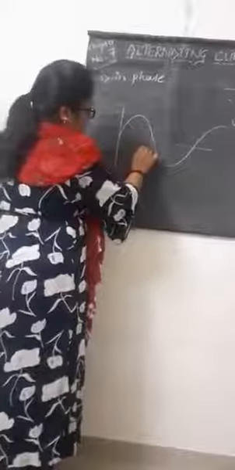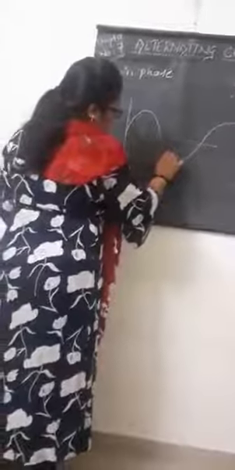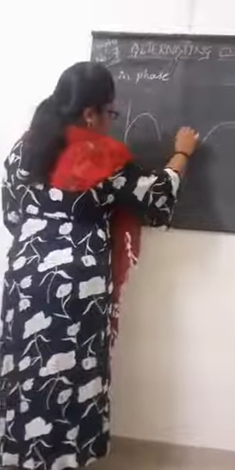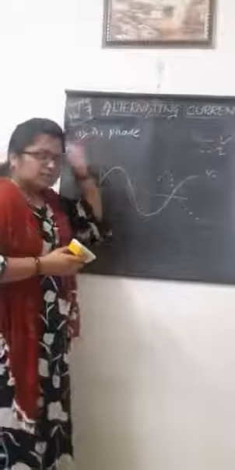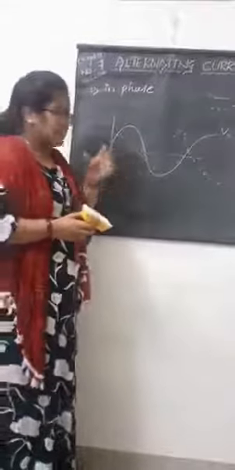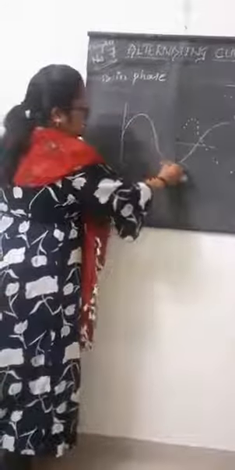See here. The initial diagram which I have drawn and this one are slightly different; slightly different means there are a lot of differences. But see here, the first wave A is traveling like this.